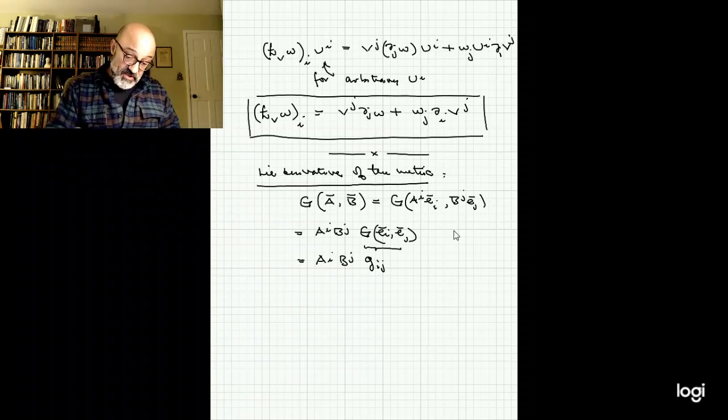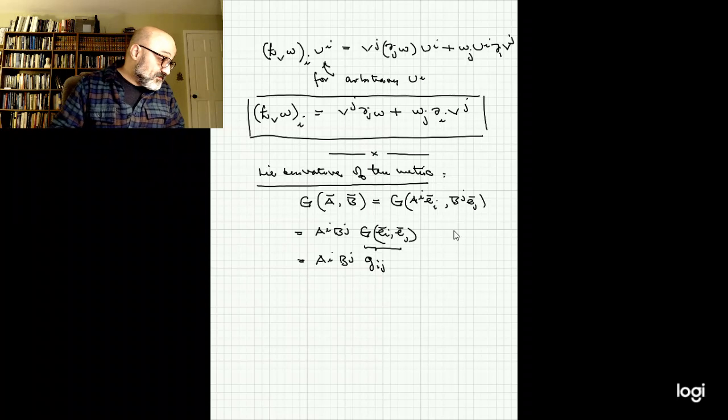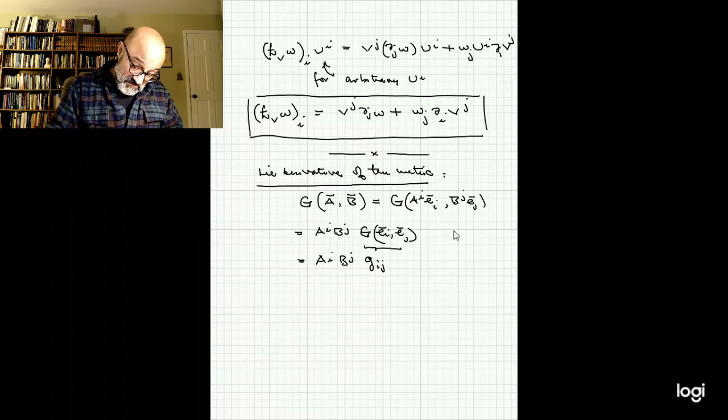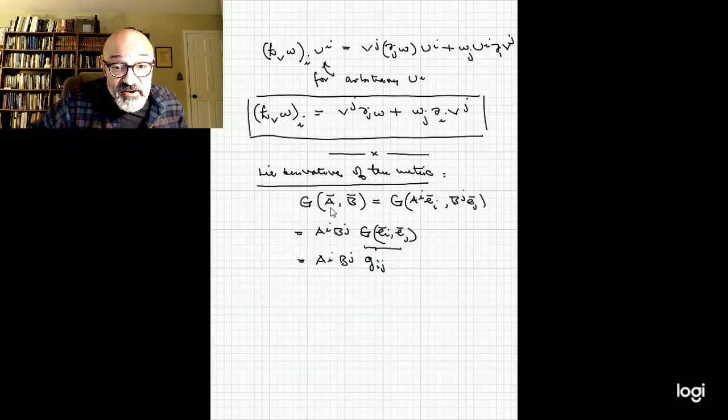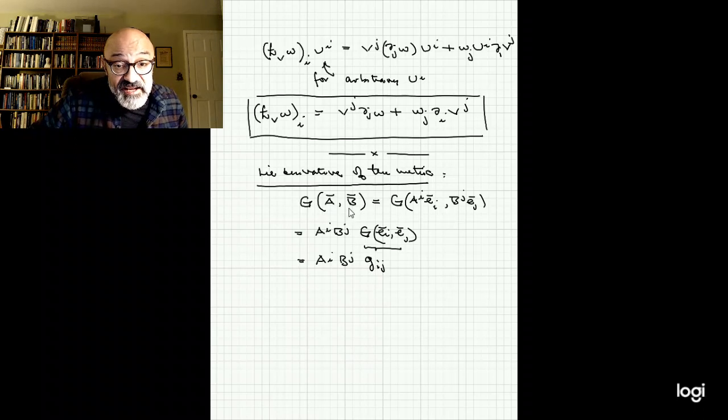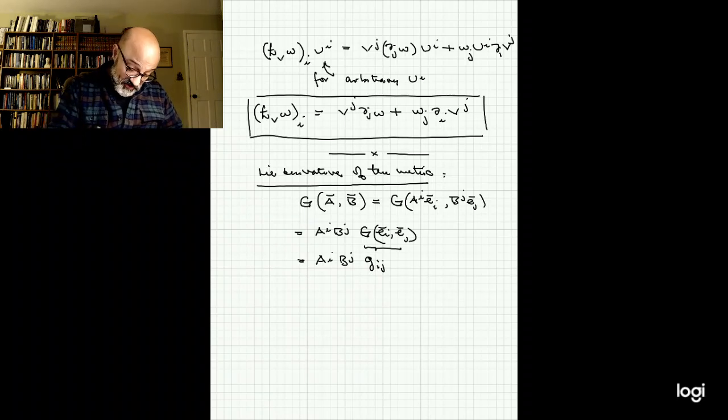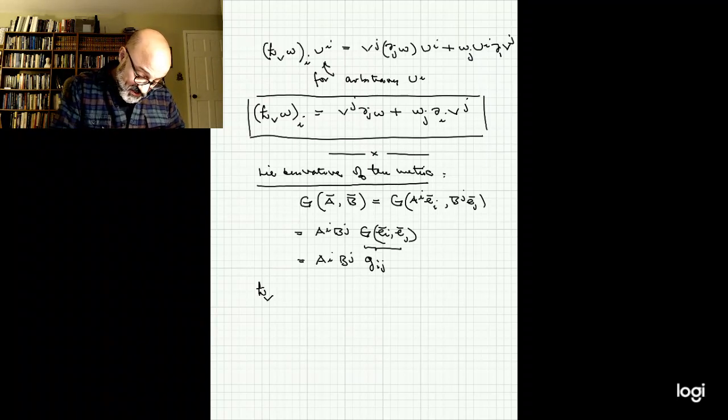Very good. So if we want to figure out the Lie derivative of the tensor G, what we do is we realize that we can compute it in two different ways.